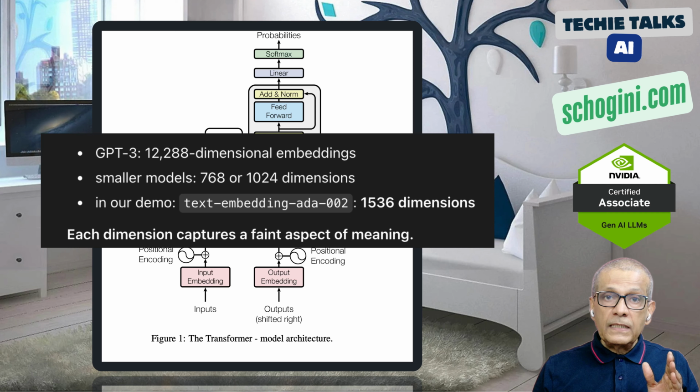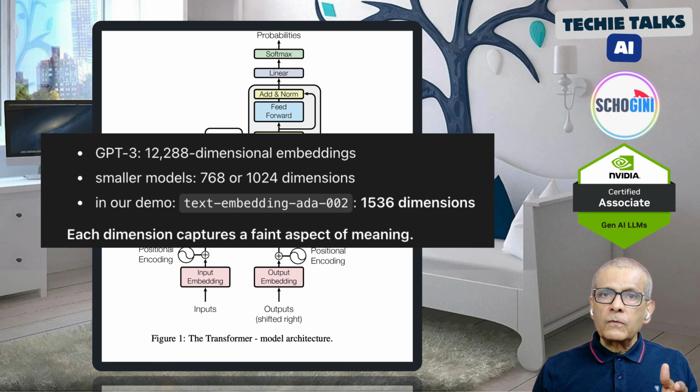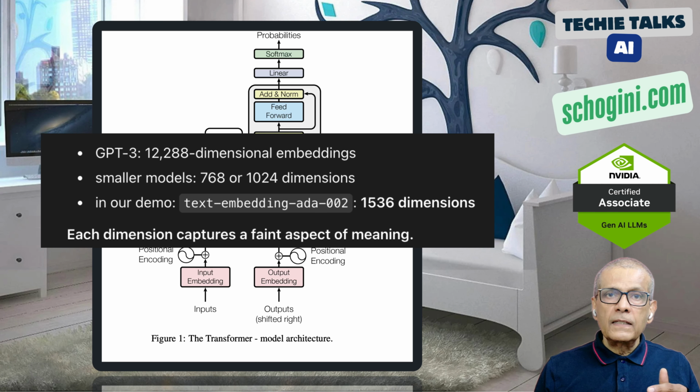For example, GPT-3 has a 12,288 dimensional embedding. Imagine the size of GPT-3's dimension, 12,288. Smaller models can be 768 or 1024 or 1536 dimensions. In our demo, text-embedding-ada-002, we had 1536 dimensions.